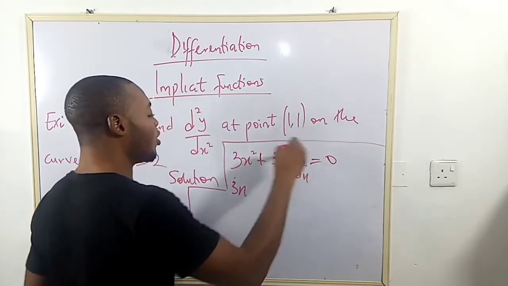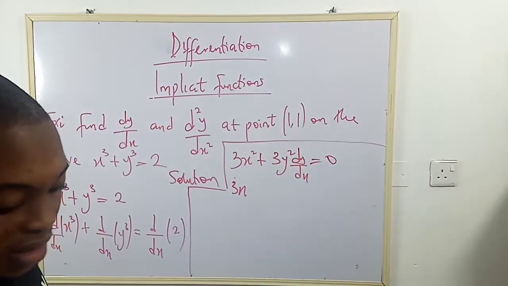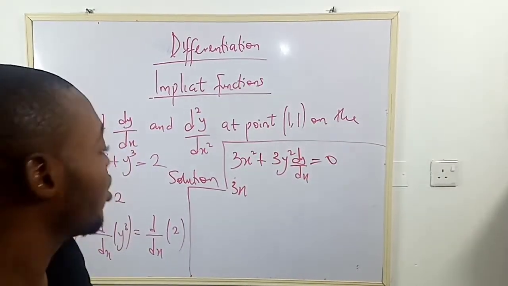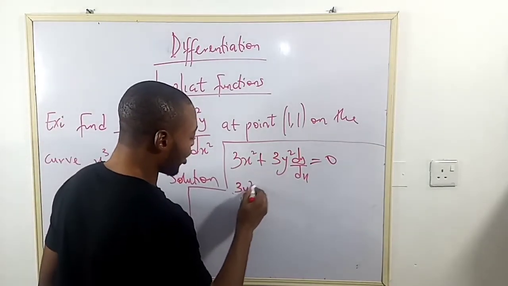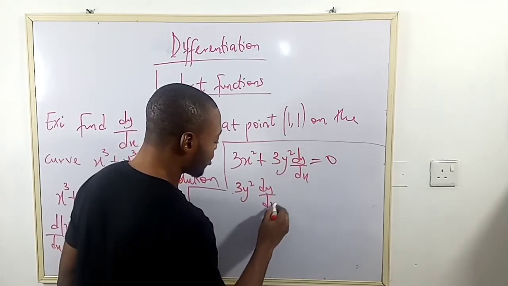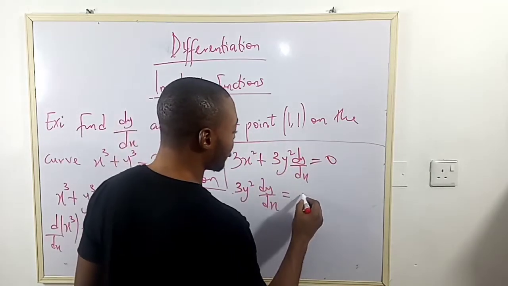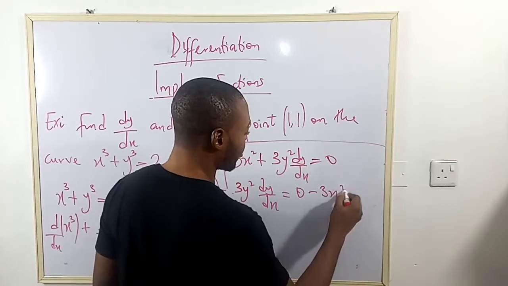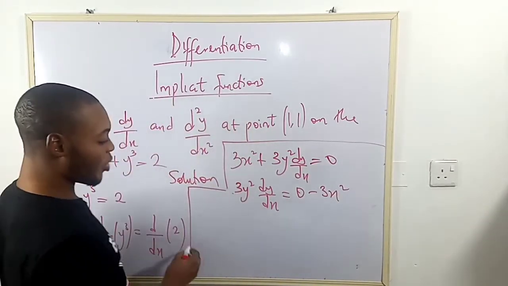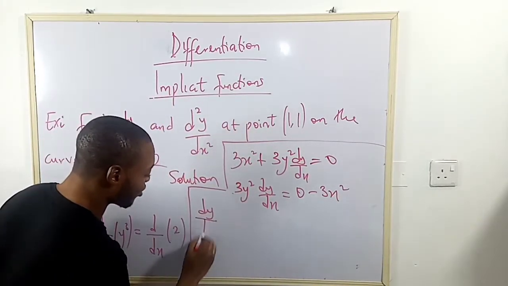So that means we want to find dy/dx. So we're going to make dy/dx the subject of the formula. 3y squared dy/dx equals, bring 3x squared in, that will be equal to 0 minus 3x squared. So from here now we have dy/dx.